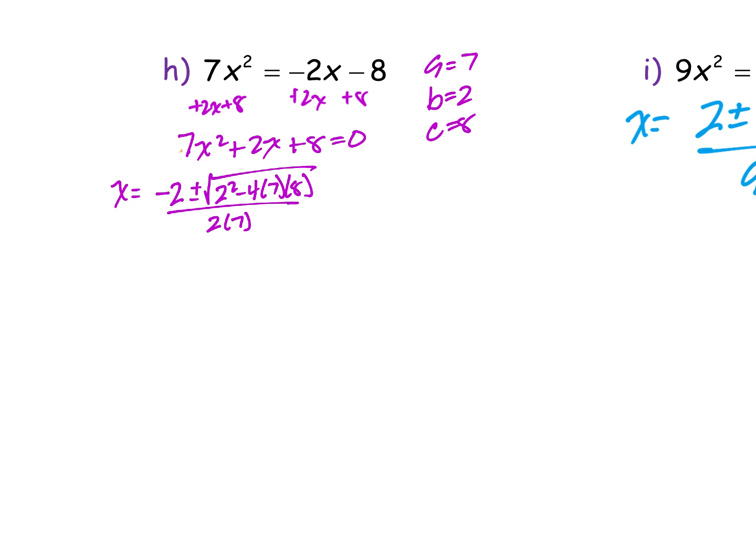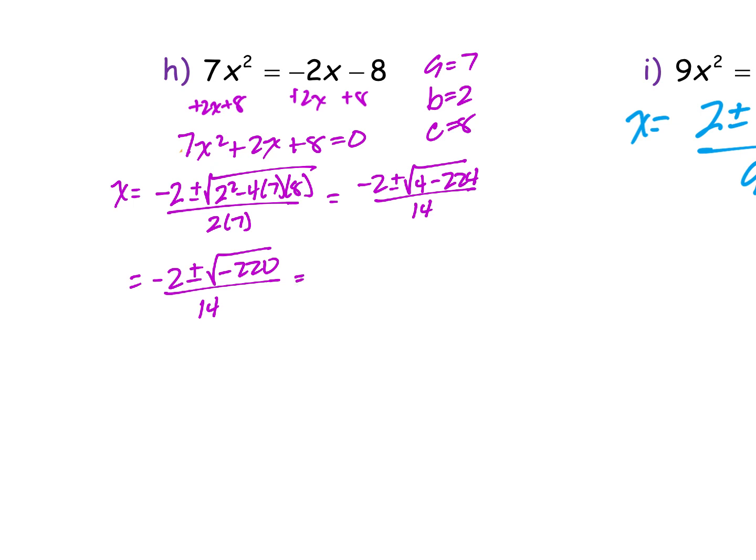We okay so far? Okay. So that equals -2 plus or minus the square root of 4 minus 224 divided by 14. Unless I did my multiplication wrong, I'm pretty sure that's right. I mean, I did it on the calculator, but if I did it wrong, someone tell me. -2 plus or minus the square root of -220 divided by 14.